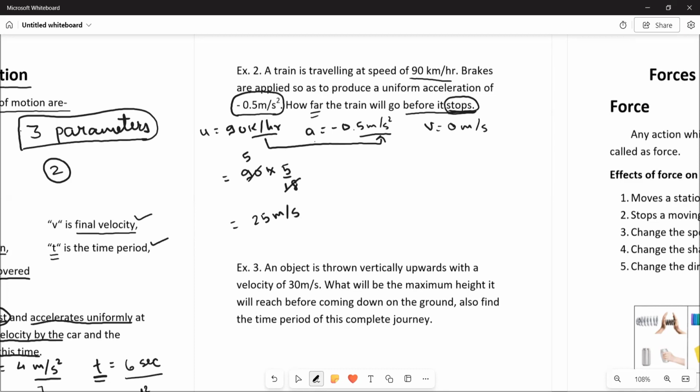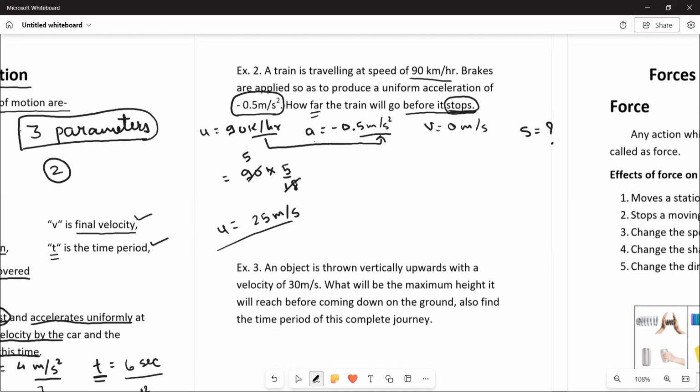Now we have the value of u. This will be our u. We have the value of a, that is minus 0.5 meters per second square. We have the value of v, and now we are supposed to calculate the value of s, that is how far it will go before it stops.